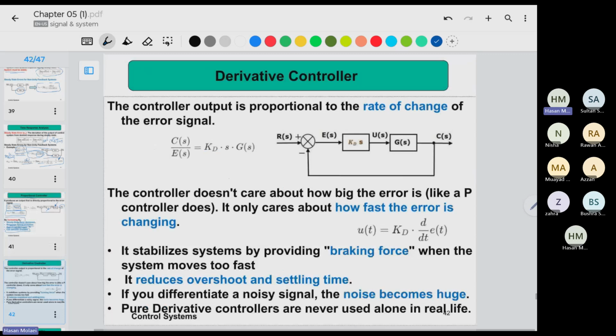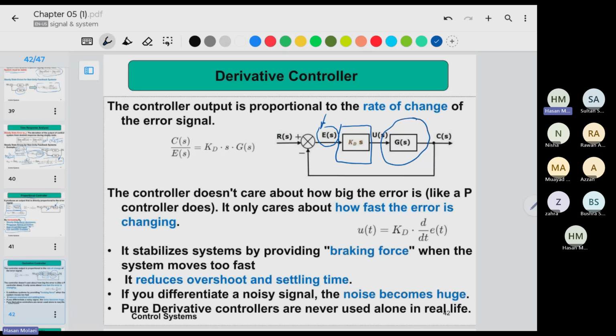So the next level of the controller, we call it the derivative controller, is to manipulate the input of the system. You can add some derivative part instead of just a constant gain, right? The derivative part is doing what? Let's say the error is not changing.